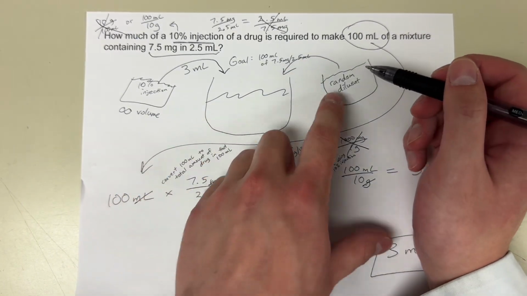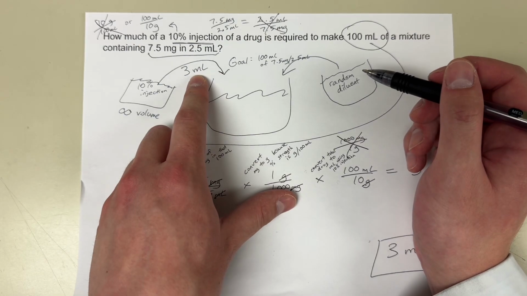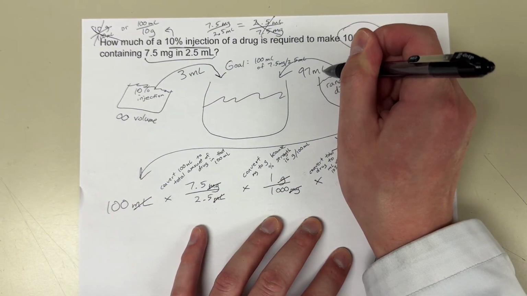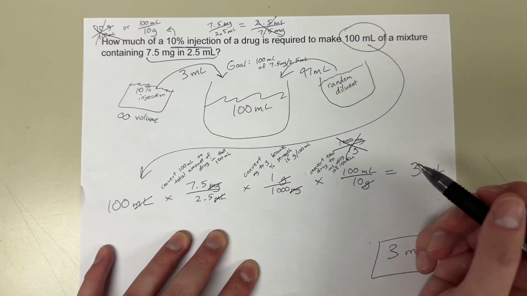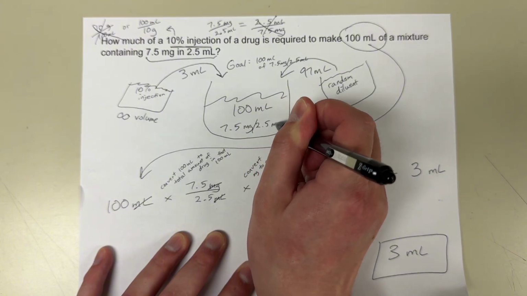And then, the question doesn't ask for this, but if they want to know how much diluent, you just take 3 and subtract that from 100, so it'll be 97 milliliters, because I want this to be 100 milliliters with a concentration of 7.5 milligrams per 2.5 milliliters.